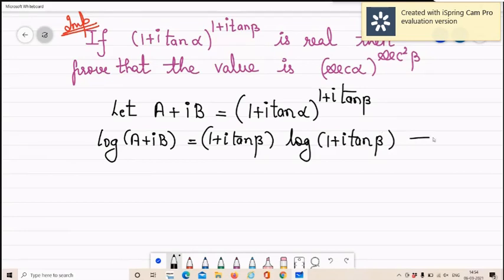So I will mark this as equation 1 and solve with this log part. 1 plus I tan beta I have no problem, but I need to solve for log of 1 plus I tan alpha.